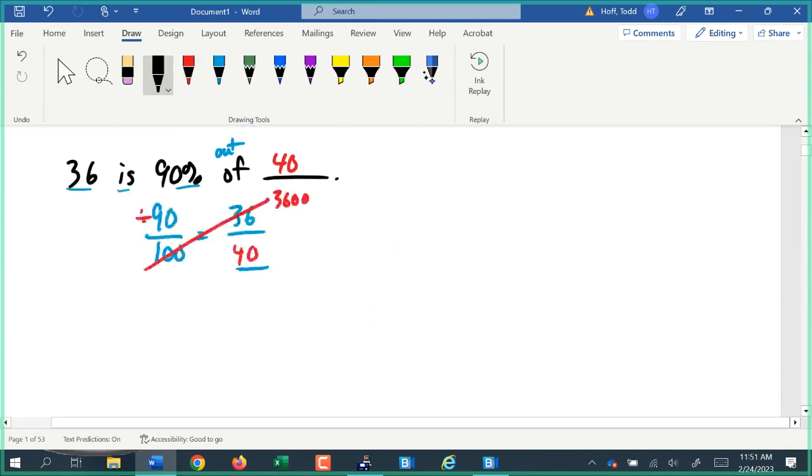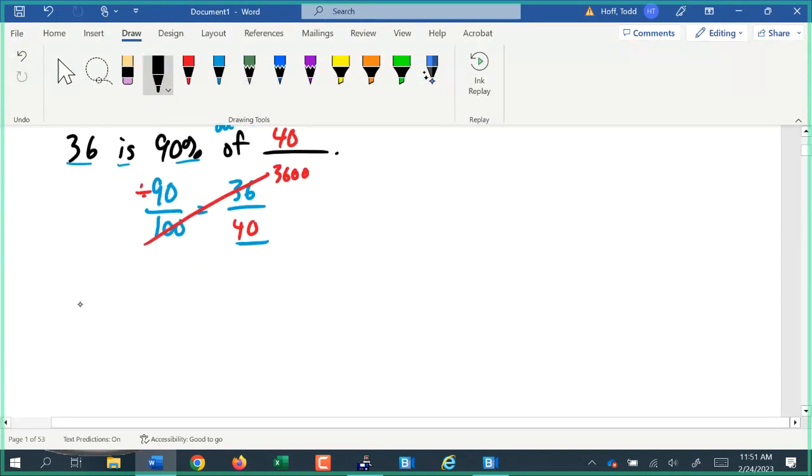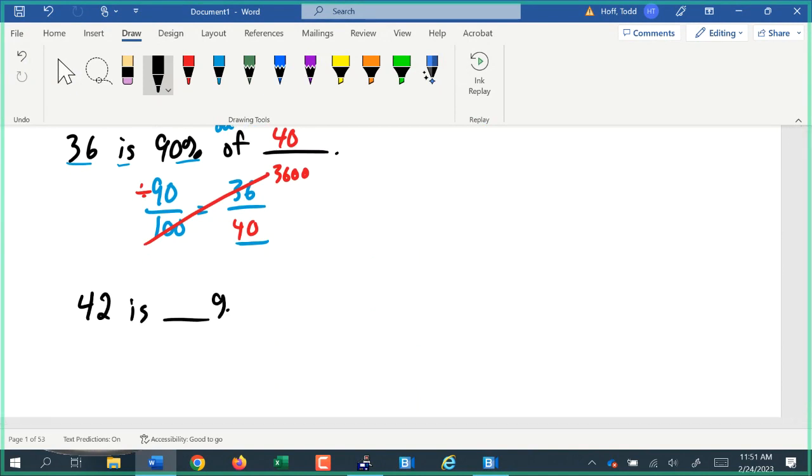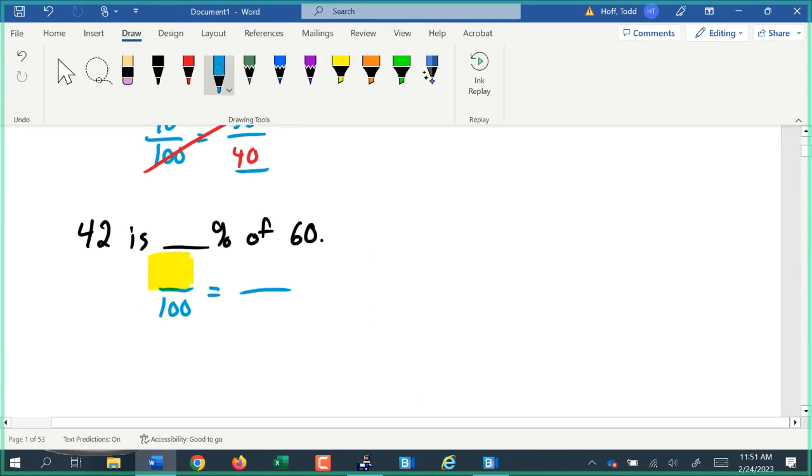And even if we were missing the percent, we had 42 is blank percent of 60. We still started with the percent, it was just blank out of 100. And now the piece we're looking for is that missing percent, the top part of the 100 proportion. 42 is blank percent implies 42 goes with the missing percent.